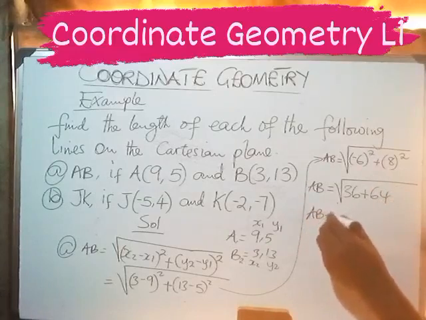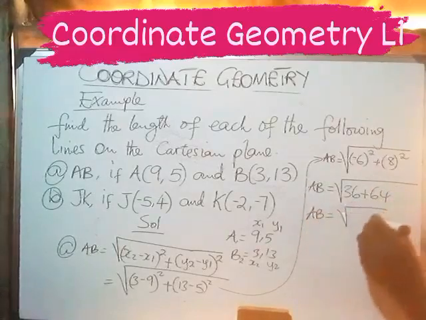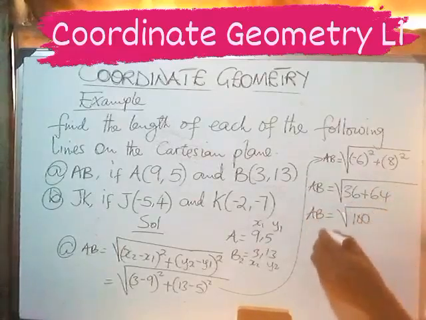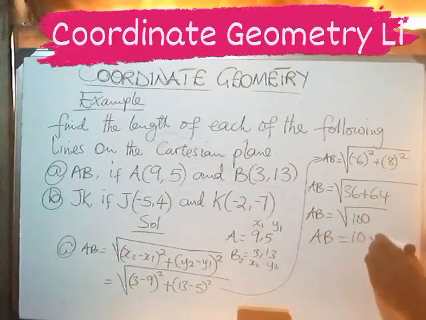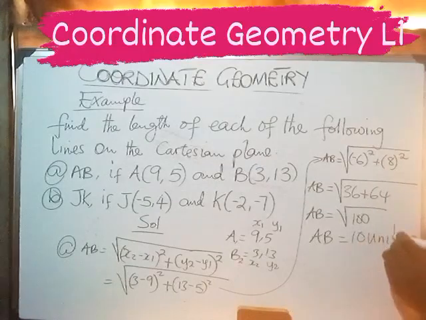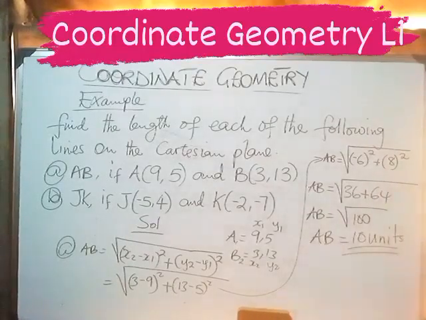So our AB will be the root of 100. Therefore, our AB will be 10, because the square root of 100 is 10. So you write 10 units. This is the answer we have. So now we go to the next question, which is question number B.